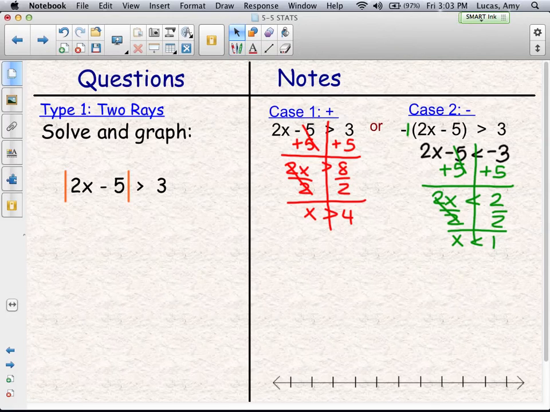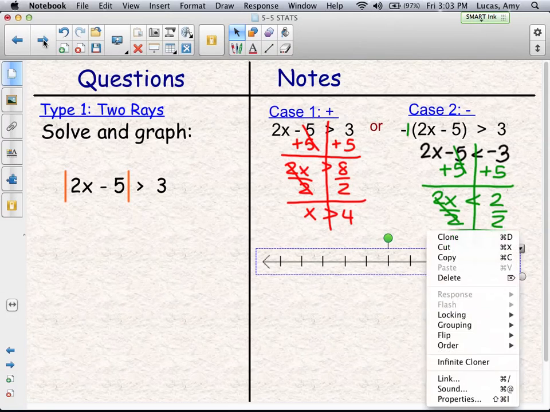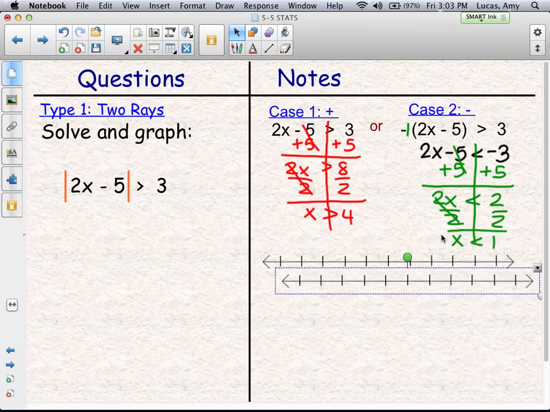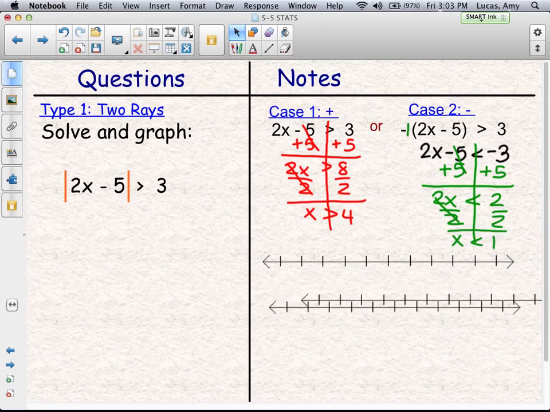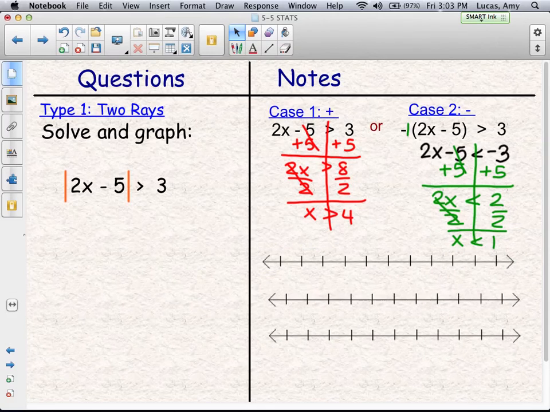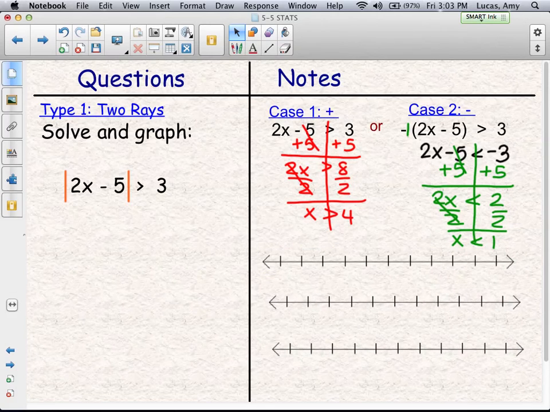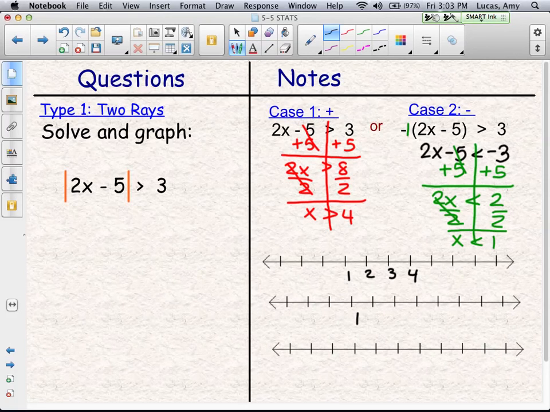Now if I graph them, my graph just needs to go from 1 to 4. The red one, open on 4, greater than goes to the right.